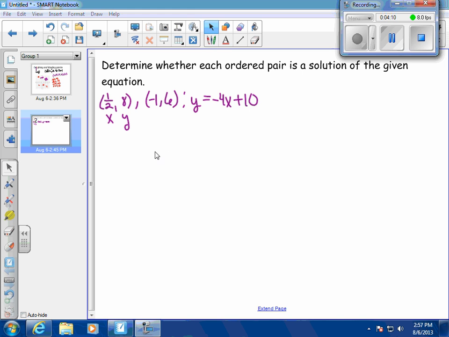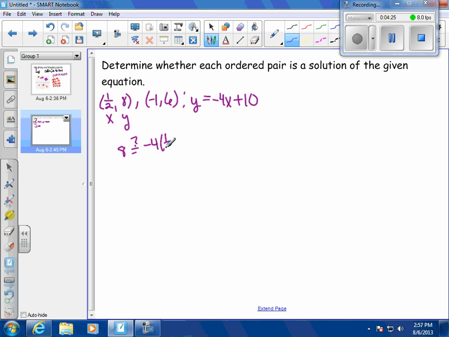Okay, so we're going to check if (1/2, 8) is a solution. Since 8 is our y, we'll have 8. We're checking to see if it's equal, so we have a question mark over it. We have -4 times 1/2 plus 10. So we have 8.